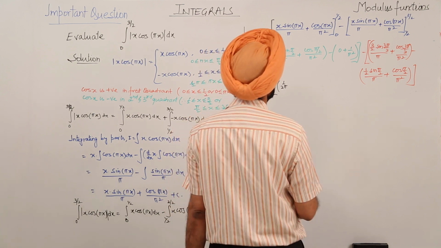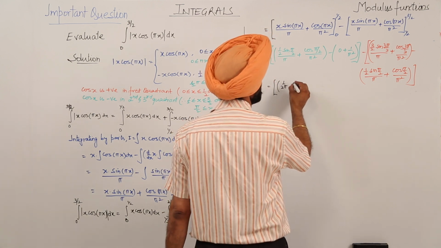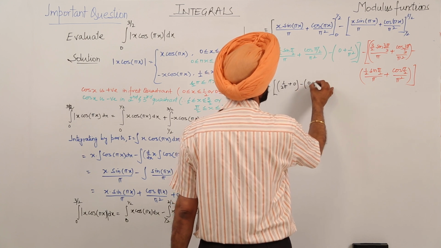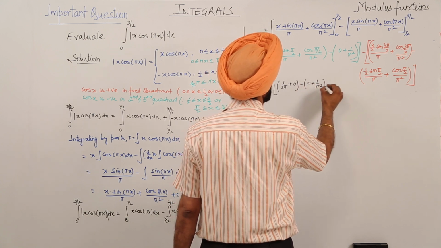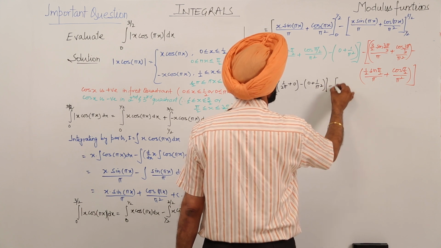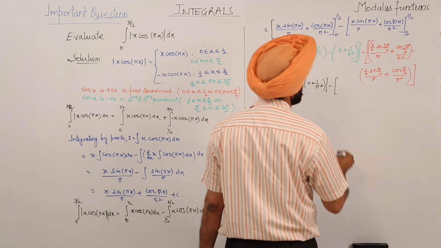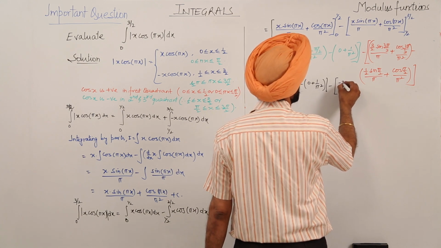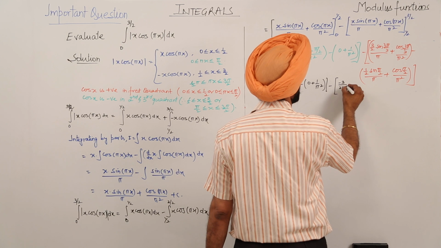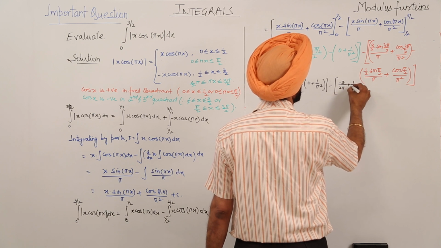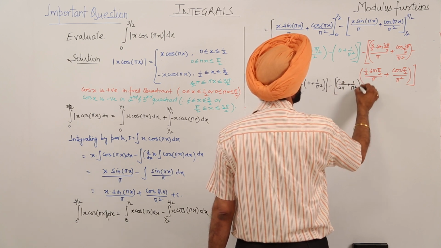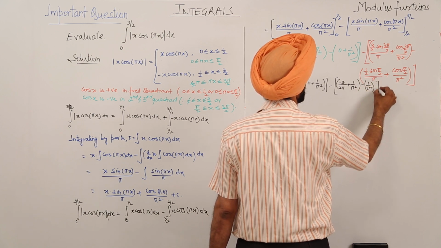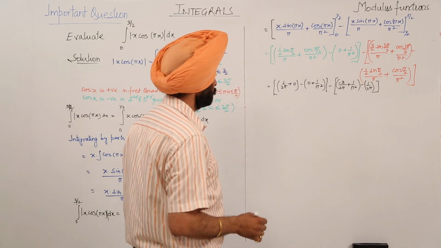Okay, so 1 upon 2 pi plus 0 minus 0 plus 1 upon pi square, minus minus 3 upon 2 pi plus 1 upon pi square, minus 1 upon 2 pi. Okay.